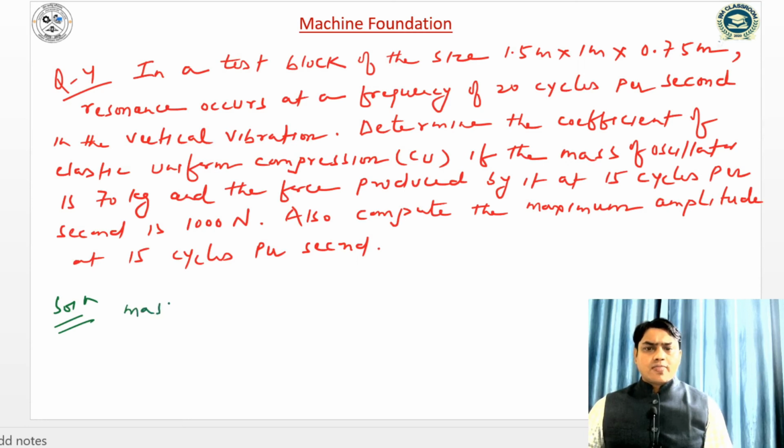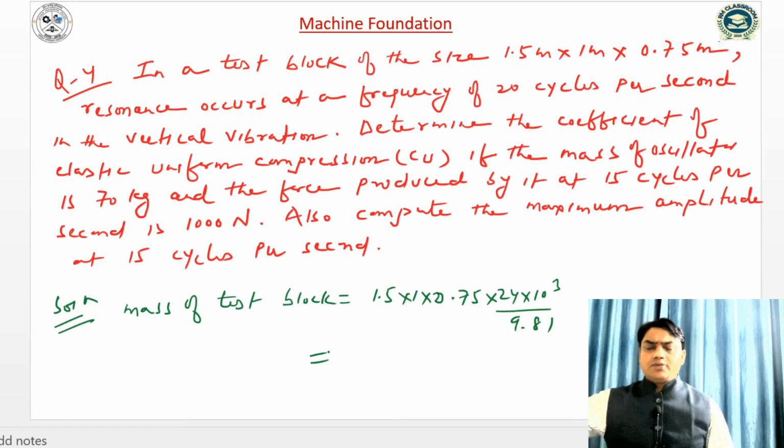So mass of test block is equal to 1.5 into 1 into 0.75 into 24 into 10 to the power 3 divided by 9.81. So it will be 2752.29 kg.